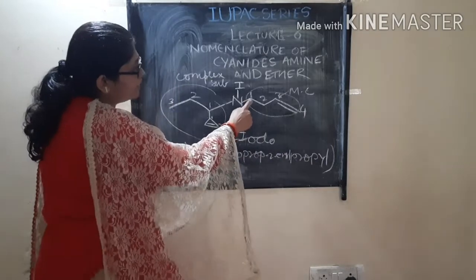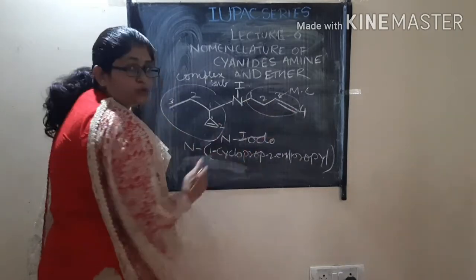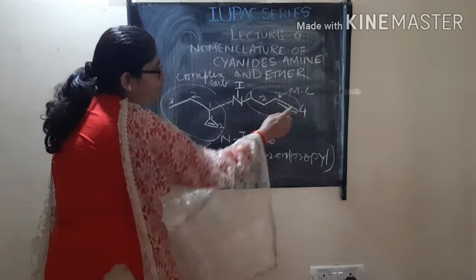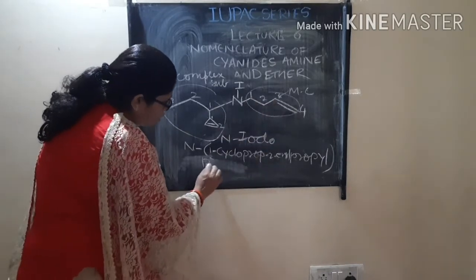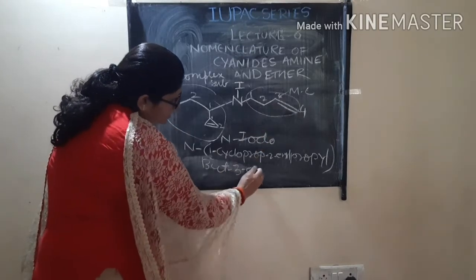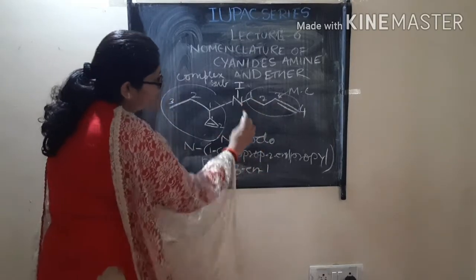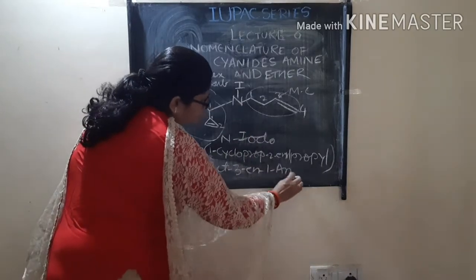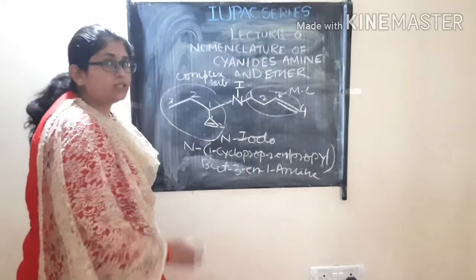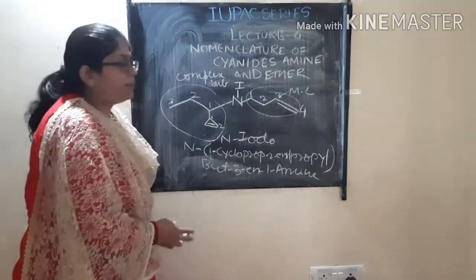Then this chain, you come here, 1, 2, 3, 4, the main chain. 4 carbons, but at the third position you have the double bond, 3-en. At the first position you have the amine group. Understood students? So this is how we will be naming.